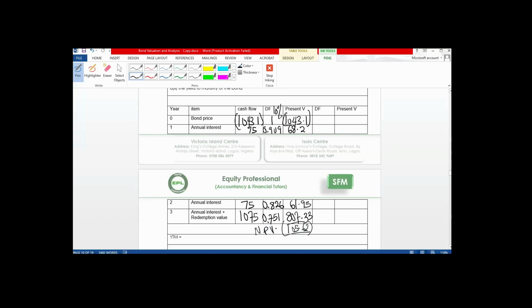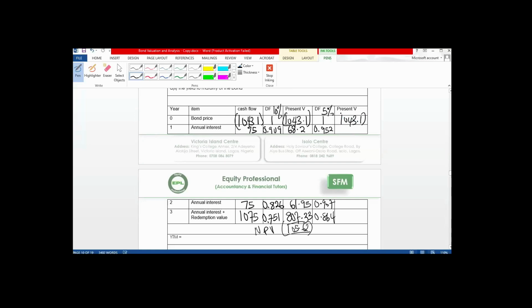What can we do to achieve positive? Reduce it. Reduce it, sir. Okay, let us reduce to 5%. This is 1, 0.952, 0.907, 0.864. Please find the present value.